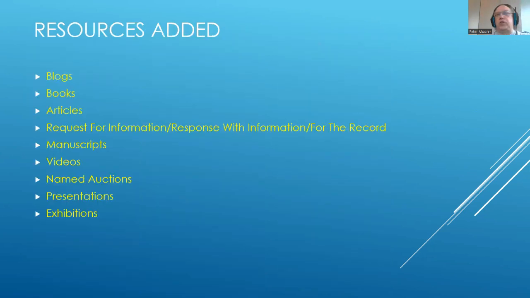Then, which resources do I add to the database itself? Well, there are a lot of them. Blogs, books, articles, manuscripts, videos. I also add named auctions, especially if I can find the auction catalog in digital form.